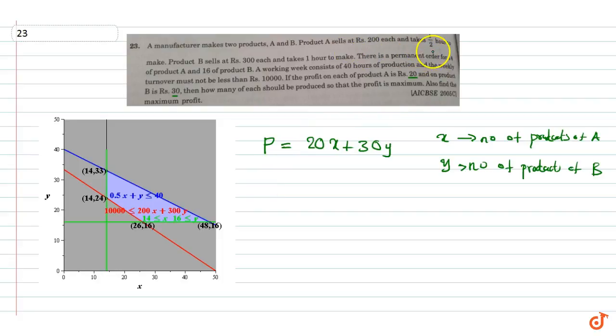product A takes half hour to make and product B takes 1 hour to make, and a working week consists of 40 hours of production.